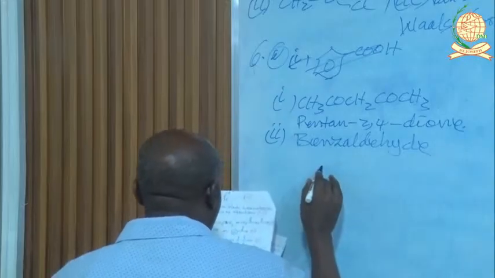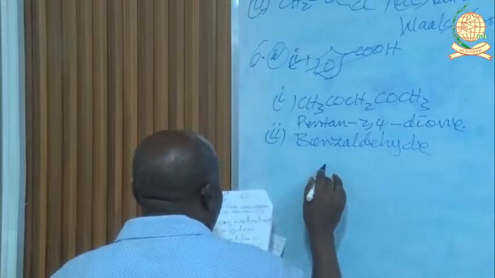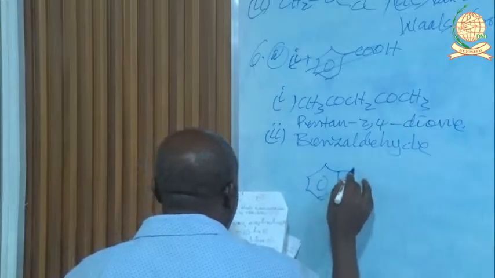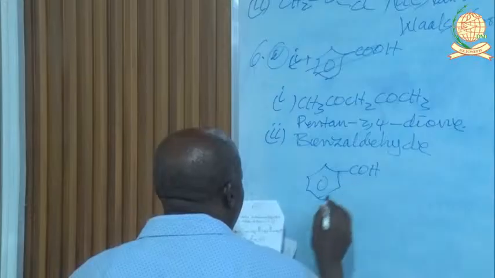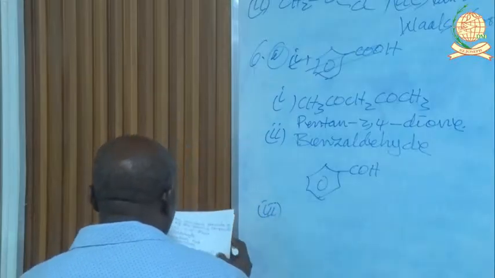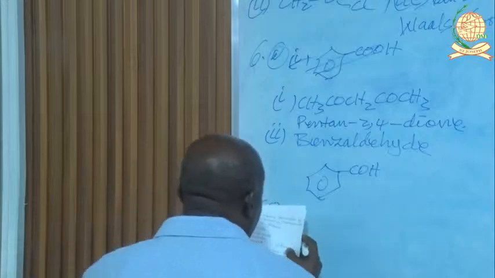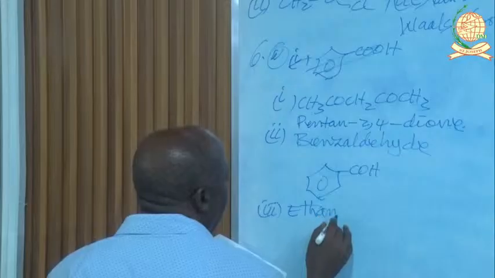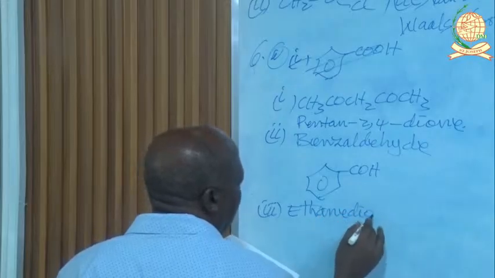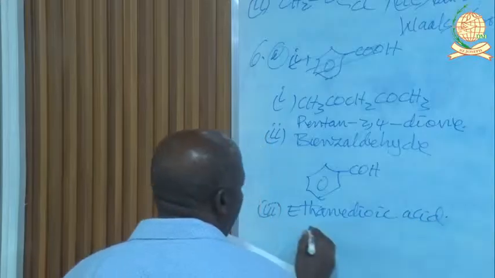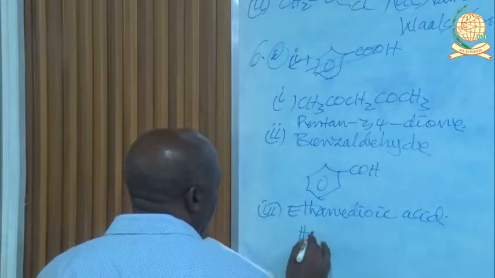Its structure is this, CHO. Number 3 is ethanedioic acid, also known as oxalic acid. So it is HOOC-COOH.